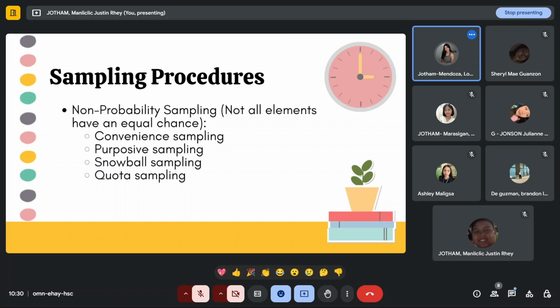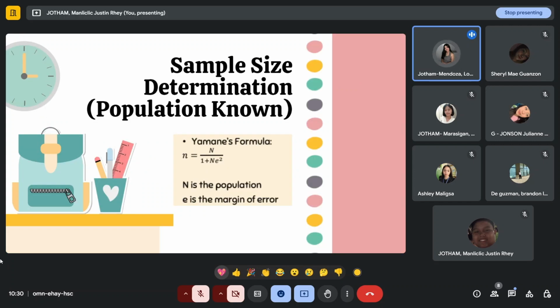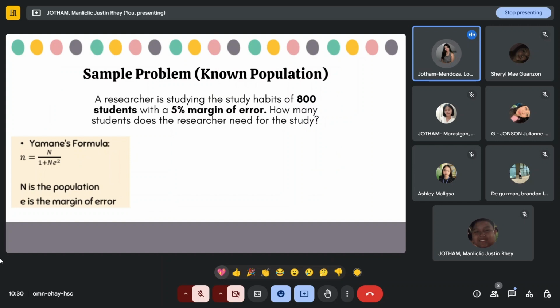If we know the total population size, we can use Yamane's formula. So the N is the population and the small letter E is the margin of error. So let's try.